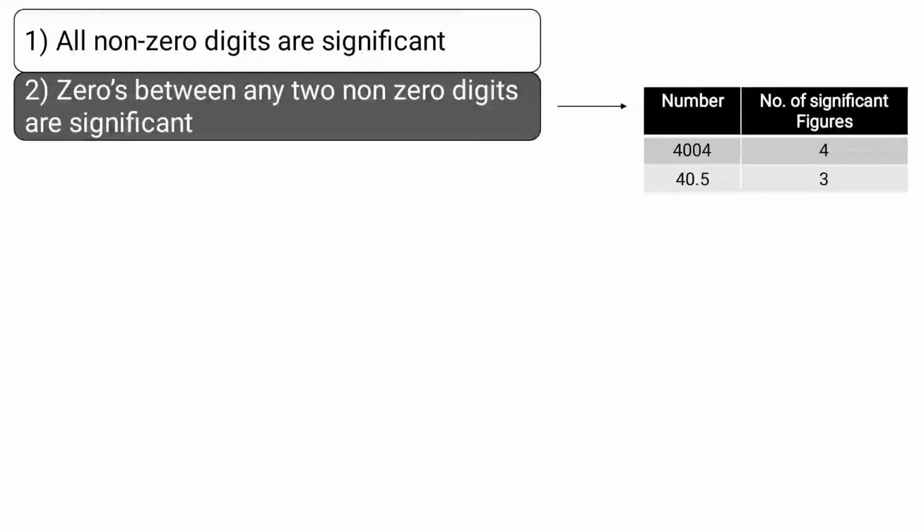If zeros are present in between non-zero digits, then they are said to be significant. Therefore, in case of 4004, the number of significant figures is 4, whereas in case of 40.5, since the zero is present in between the non-zero digits, the number of significant figures is 3.